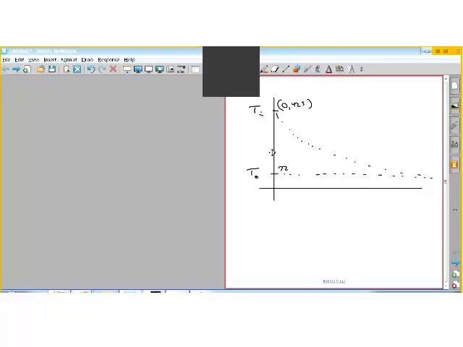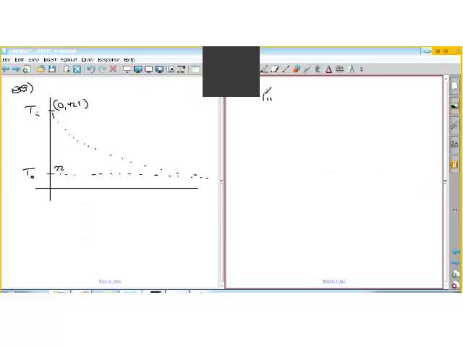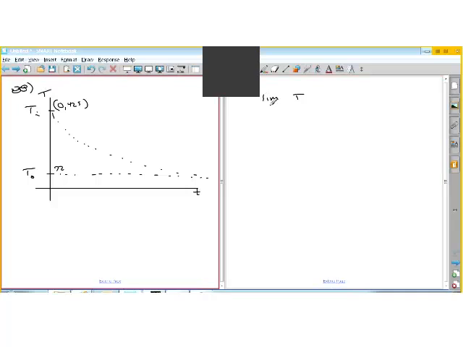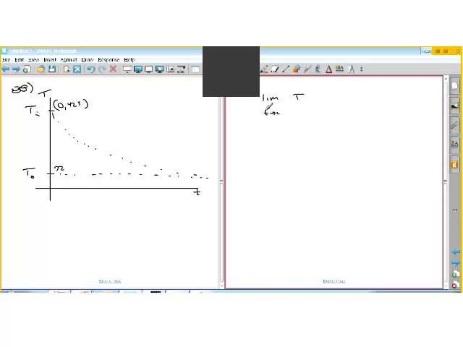So it says find the limit as t approaches 0 from the plus side. What does this limit represent? So the limit of T, this is the temperature and this is time, as t approaches 0 from the plus side equals 425. What does that represent? That represents the initial temperature.